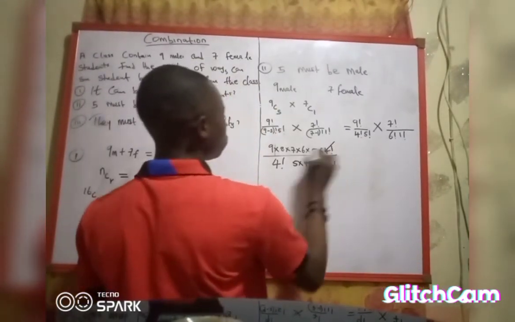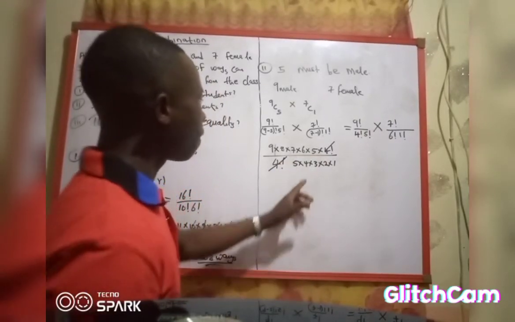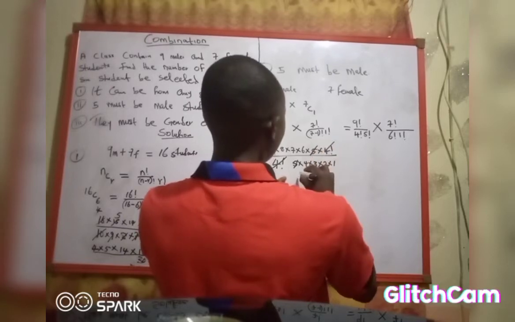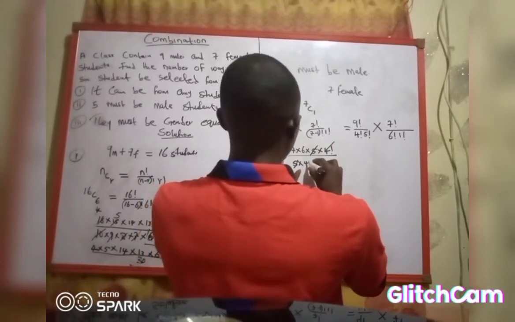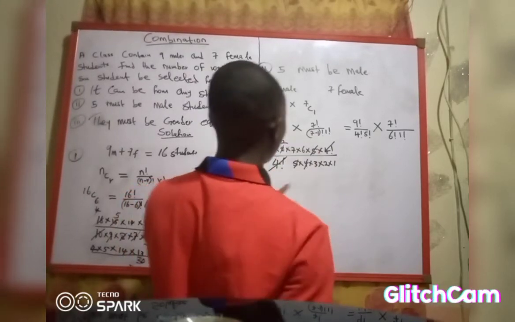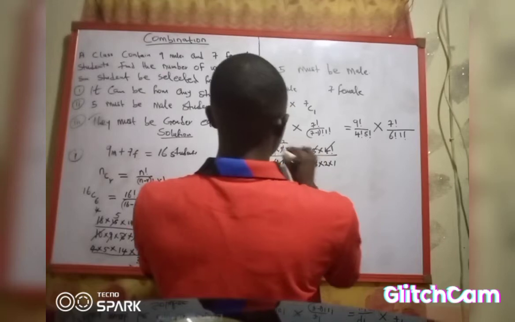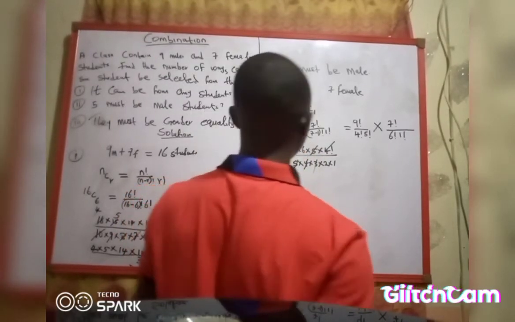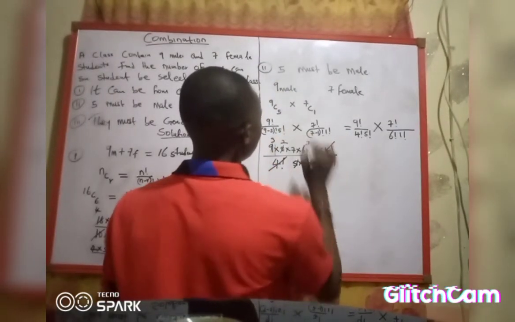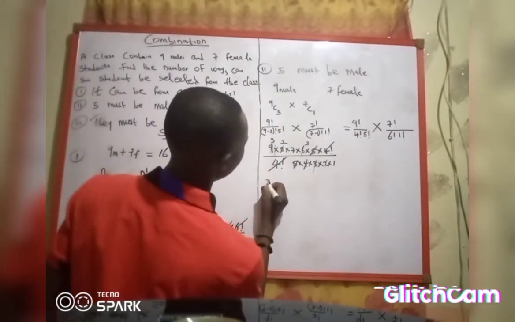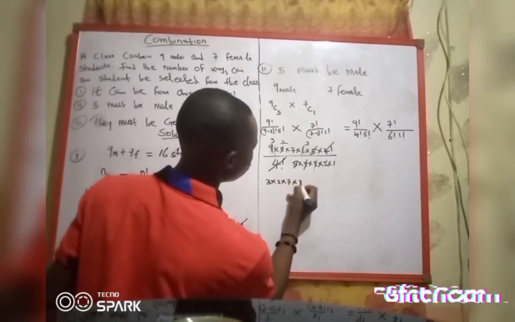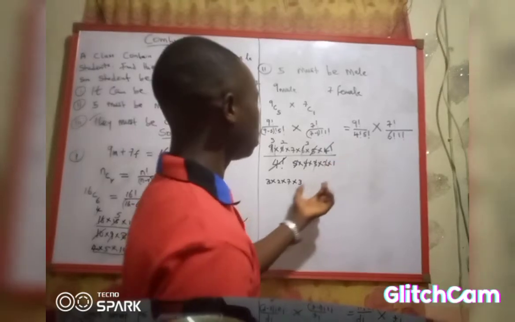So this 4 factorial can go with this 4 factorial, then 5 can go with this 5. Then 4 can go into 8, I will have 2 here. Then 3 can go into 9, I have 3 also. Then 2 goes into 6, I have 3. So I have 3 times 2 times 7 times 3. This is only this part.